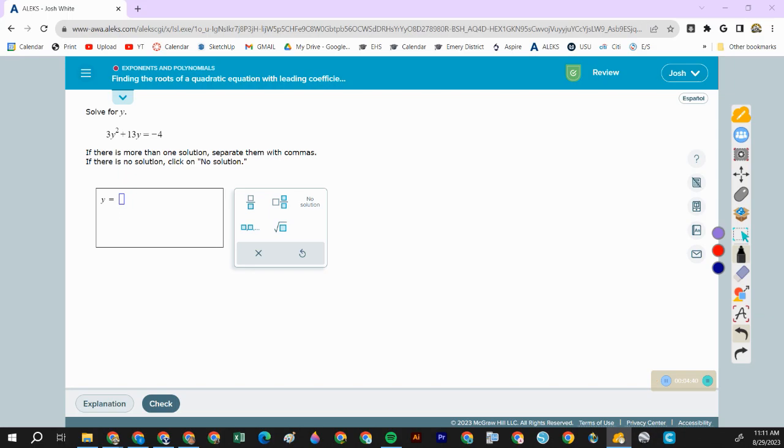Okay. I'm going to add the 4 to the other side, and I get 3y squared plus 13y plus 4 equals 0. I really, really like it when I can divide by 3, but that's a bad idea in this case because I will end up with fractions. So whenever there is a leading coefficient that is not 1, factoring is a little bit harder.